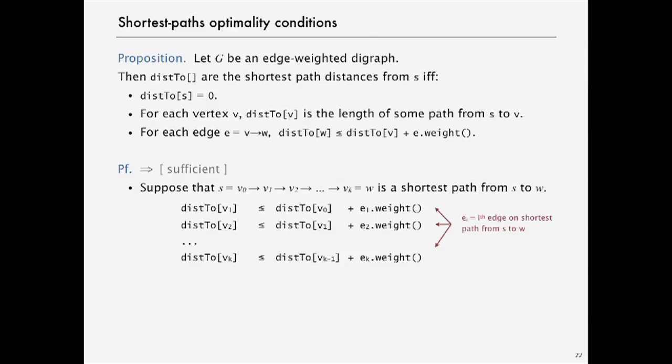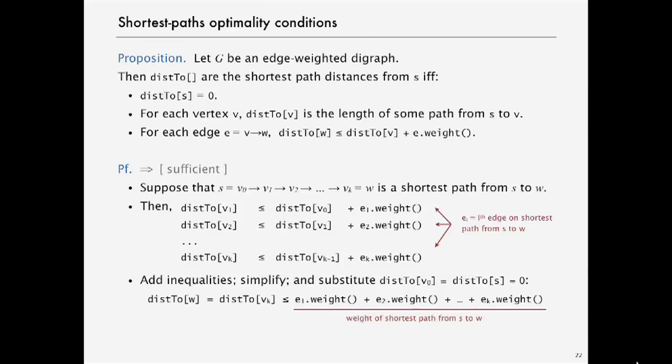The distance to the last vertex goes from VK minus 1 to VK, so the distance to VK is less than or equal to the distance to VK minus 1 plus the weight of the kth edge. And just continuing down that way, from the source to the first edge, the source plus the weight of the first edge is greater than or equal to the distance to the first vertex after the source, and all those conditions have to hold.